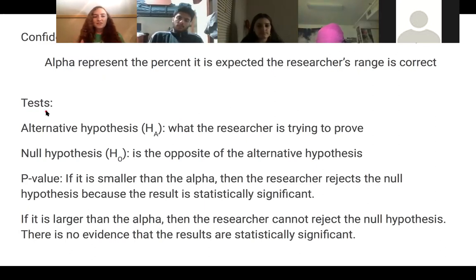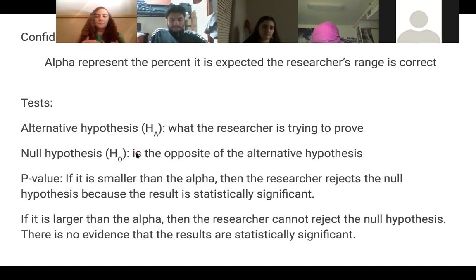Tests, there are many different types of tests. There's the chi test, and all of these different types of tests, but they all boil down to a null hypothesis and an alternative hypothesis. The alternative hypothesis is what the researcher is trying to prove, and the null hypothesis is basically the opposite.